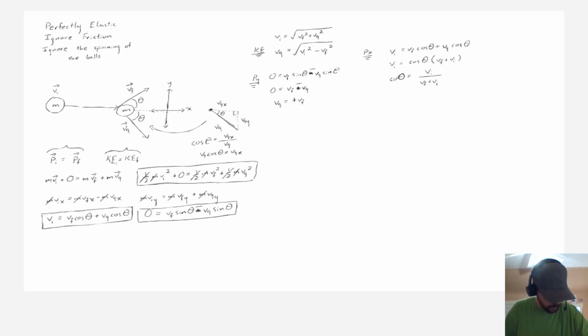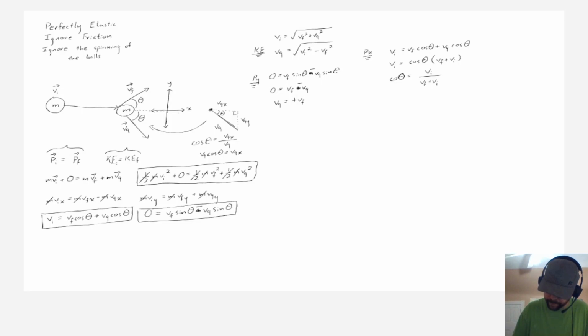So now we should be able to plug in velocity final. We could plug in either one, v9 or v final. The way I did it before was to plug in v final for v9. So let's do that.